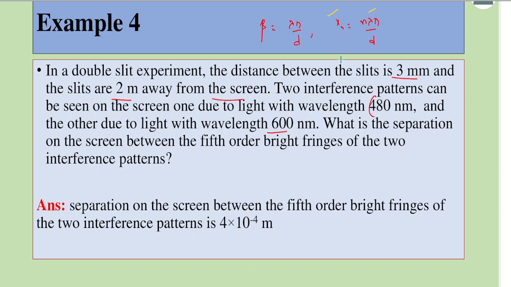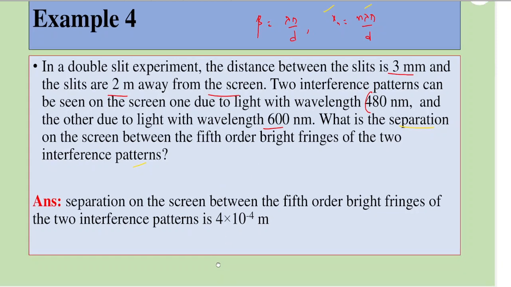Here we need to find what is the separation between the fifth order of the two patterns. That is, we need to find the distance of the fifth bright fringe because of the first wavelength as well as the second wavelength, and find their difference because they have different separations.